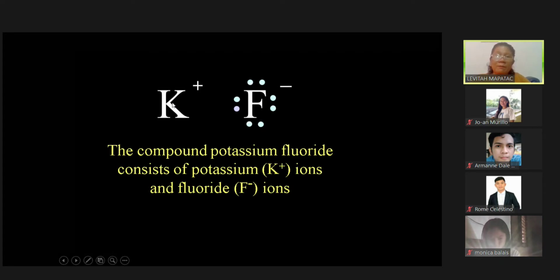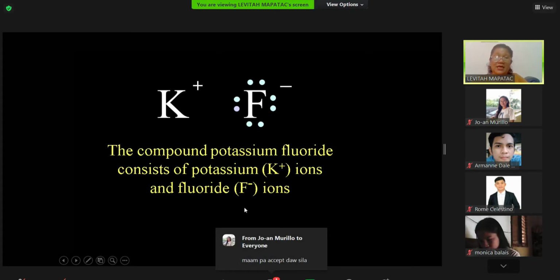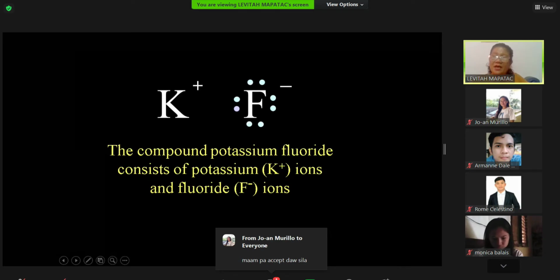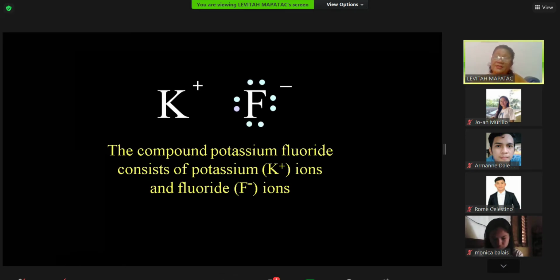So the compound potassium fluoride consists of potassium ion, okay, and fluoride ion. So if you look into this, there is a transfer of 1 electron from your potassium to fluorine. And what kind of bond is this? It's ionic bond. I repeat, ionic bond is the forming of the compound by transferring electrons.